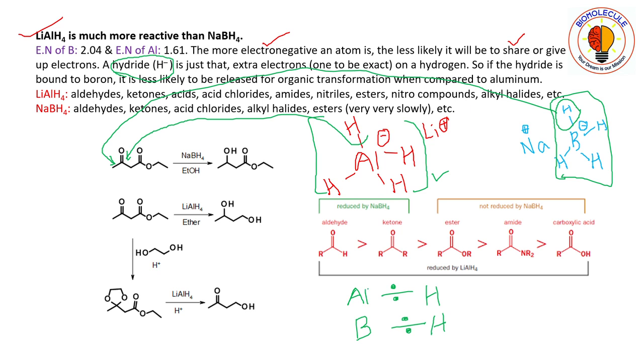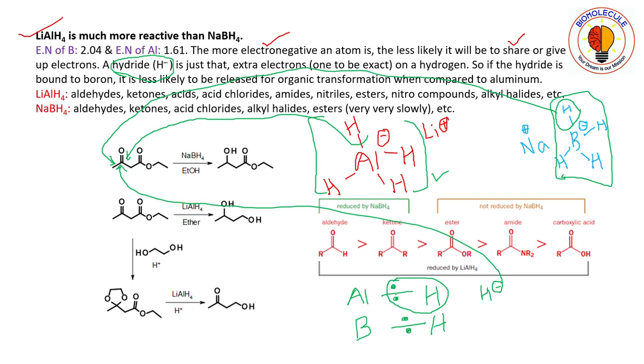Now aluminium is less electronegative than boron, so aluminium can allow the hydrogen atom to take these two electrons and become a hydride ion, which will go and attack the carbonyl carbon.